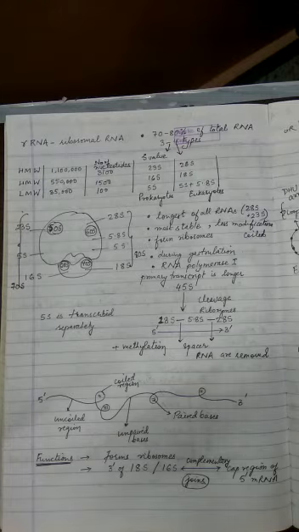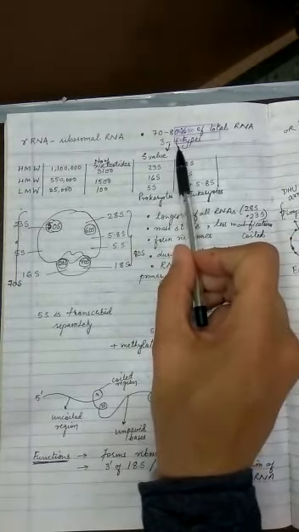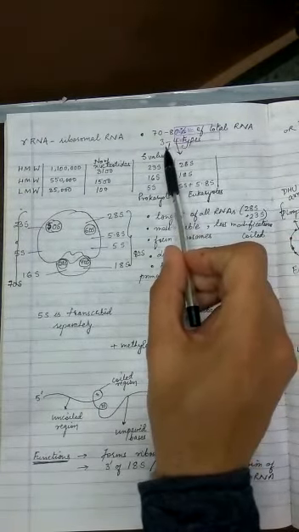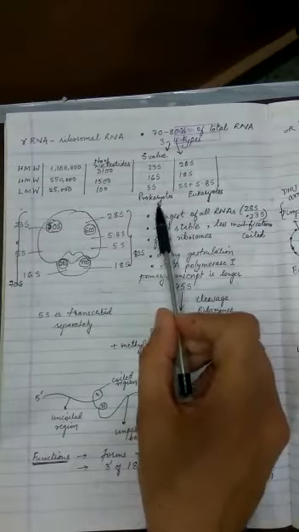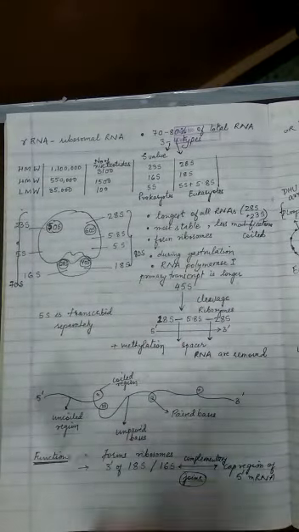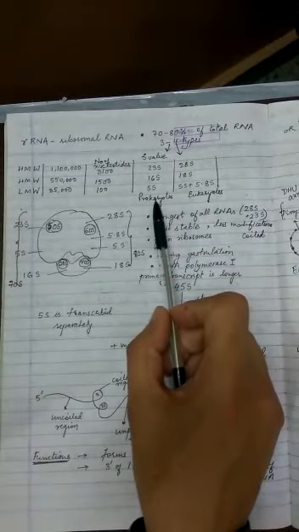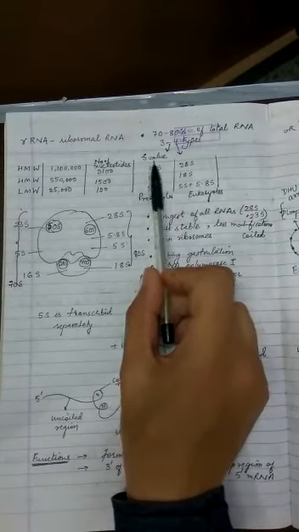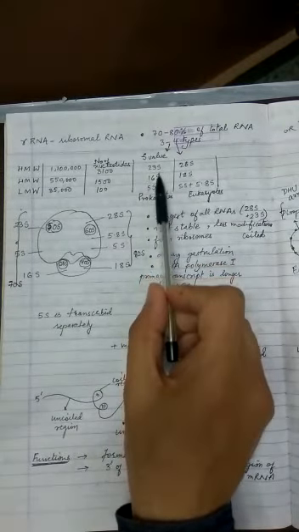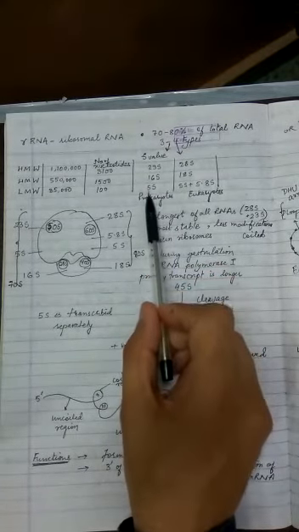Then we learned that there are 3 or 4 types of rRNA depending upon whether it is a prokaryotic or eukaryotic system. In a prokaryotic system there are 3 types of rRNA, and according to their S values they are 23S, 16S and 5S.